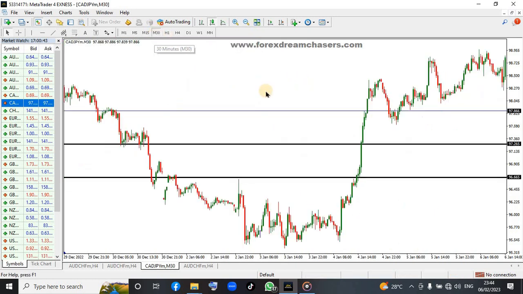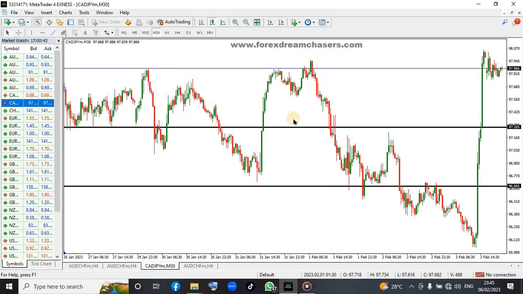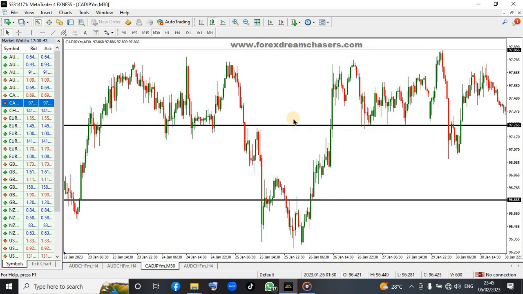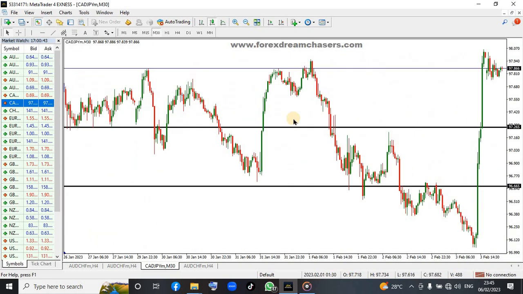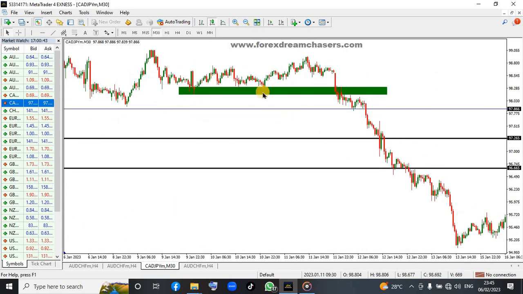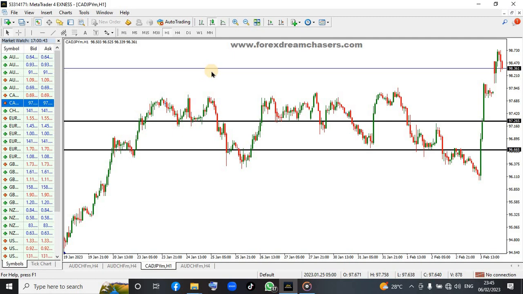If we go to 30 minutes time frame and then we go to the right hand side again, oh, there's something I noticed. I'm not sure if we should just wait. Let me go back to 1 hour.